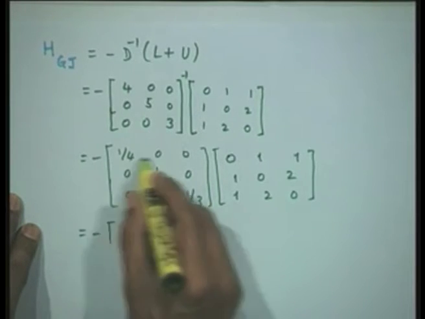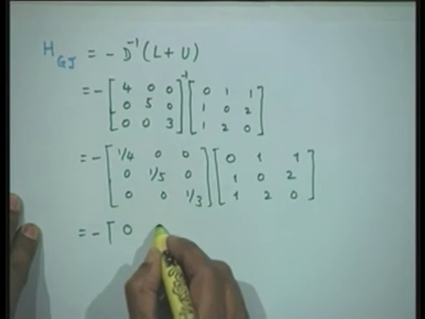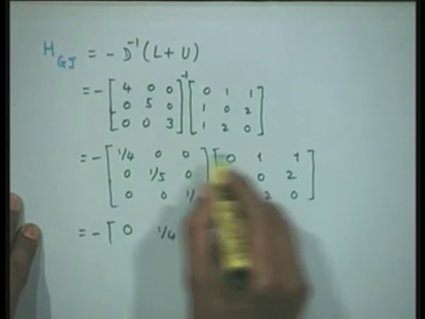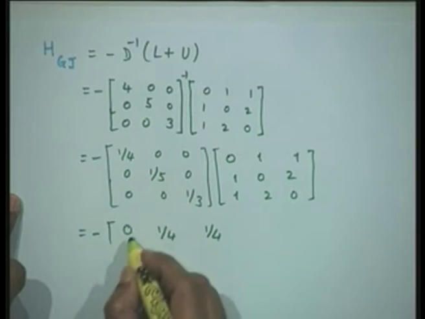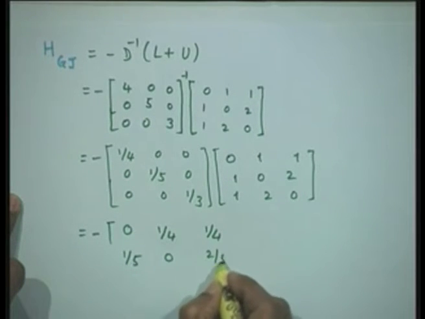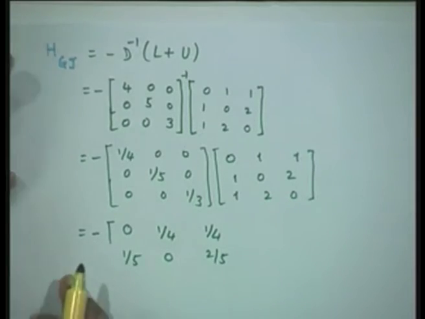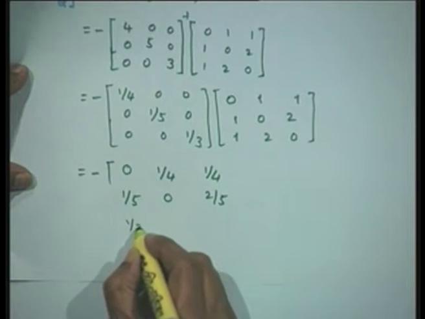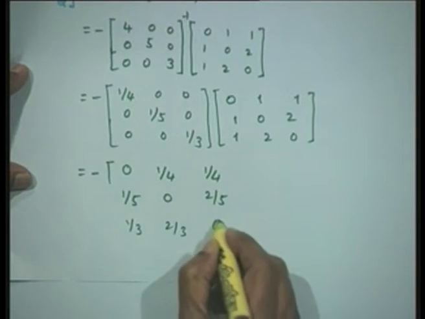So, I can just multiply it, and it gives me 0, 1 by 4, 1 by 4, that is this row and these 3 columns. Then the second one 1 by 5, 0, 2 by 5, and the third row would give us 1 by 3, 2 by 3, 0.